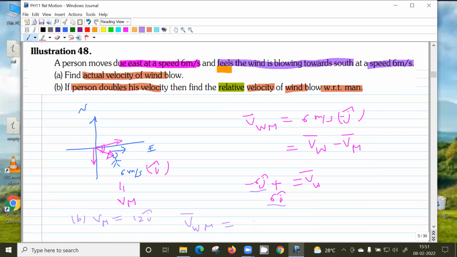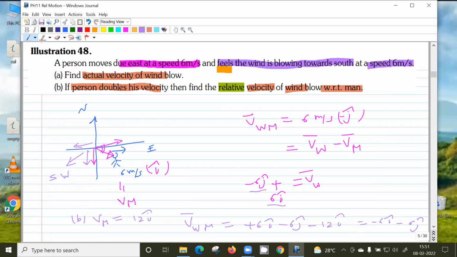So this is the velocity of wind that you have found in the previous one, 6 i cap minus 6 j cap, minus 12 i cap. So minus 6 i cap minus 6 j cap. Minus i cap is this one, and minus j cap is this one. So the resultant will be west, southwest.